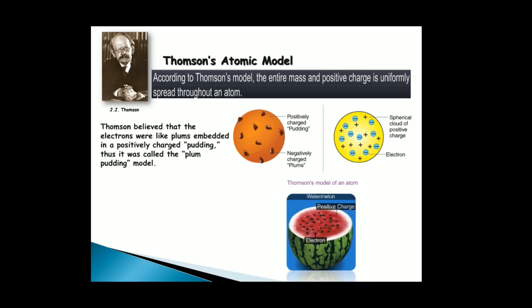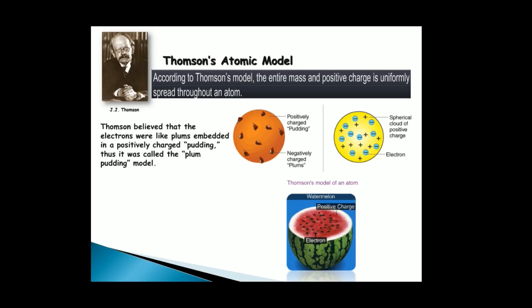The positive charge is uniformly distributed throughout the volume of the atom according to J.J. Thomson, and the electrons are embedded in it like seeds in a watermelon. So it is also called the watermelon model.